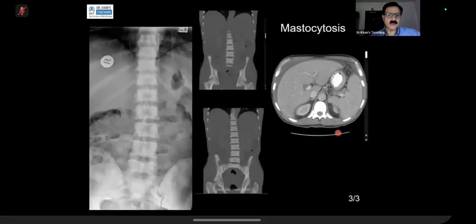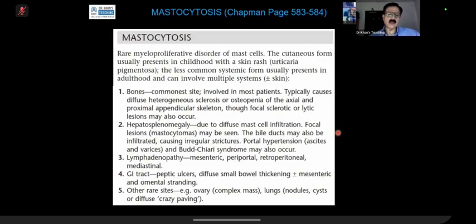Excellent, well done. Okay, now something about mastocytosis. What is mastocytosis? This is from your Chapman: a rare myeloproliferative disorder of mast cells. The cutaneous form usually presents with skin rash.